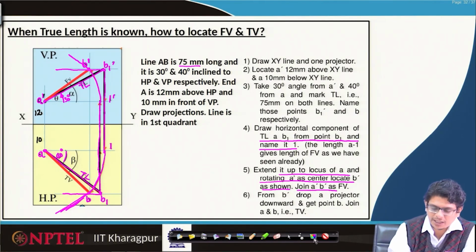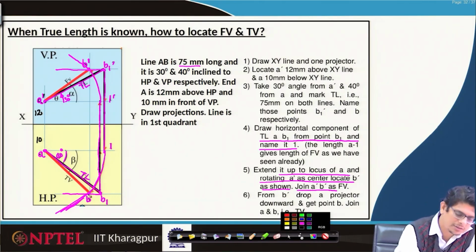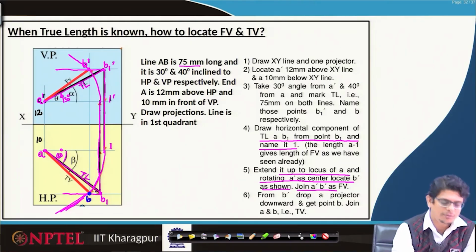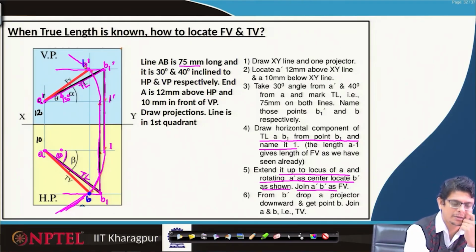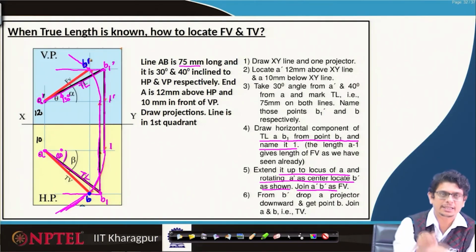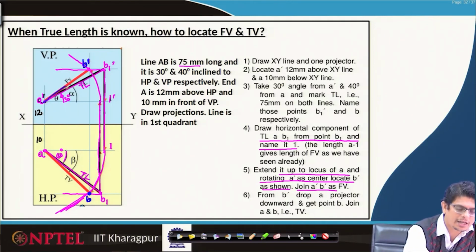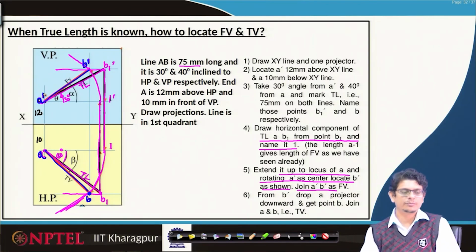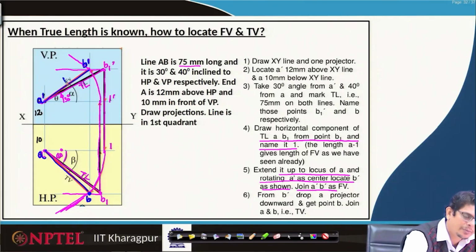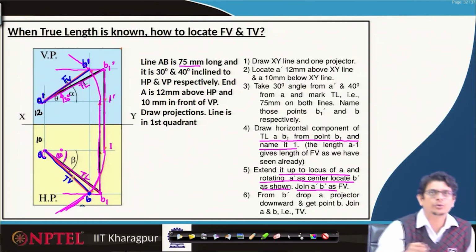Once these points are known, let us use some blue color. B point is known by extension of this line, B prime is known by extension of that line. We can connect them to get these apparent length lines. This is A, this is A prime. So, this will be the front view and this will be the top view of the system.